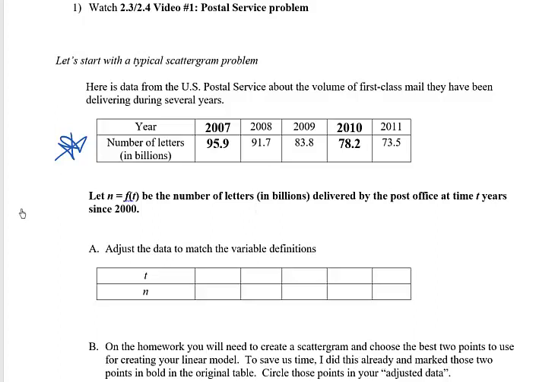If we're going to use modeling, then we need a couple of variables and we need to be very specific about what they mean. Sometimes we get to pick the definitions of the variables, sometimes they're given, and in this case they're given. So two variables: n stands for the number of letters in billions, and t stands for how many years it's been since the year 2000.